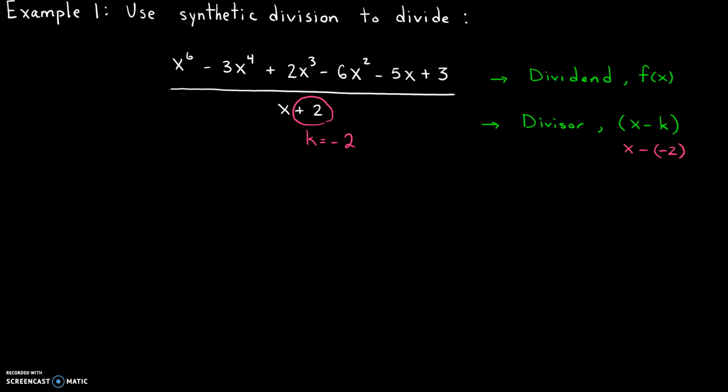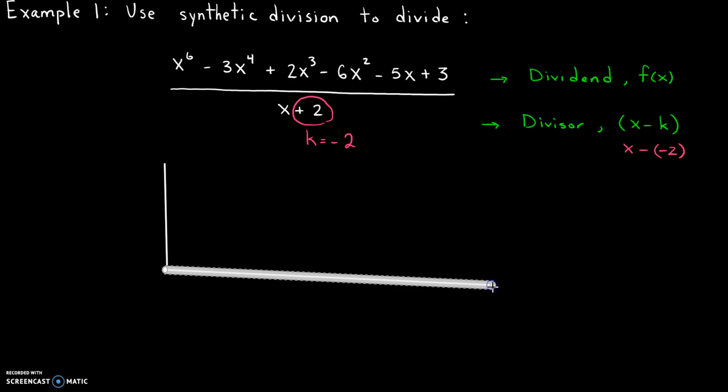The way we're going to set this up is I like to make these little bars to organize my synthetic division. So I'm going to make this weird looking L shape, and I'll explain how we use it in just a bit.